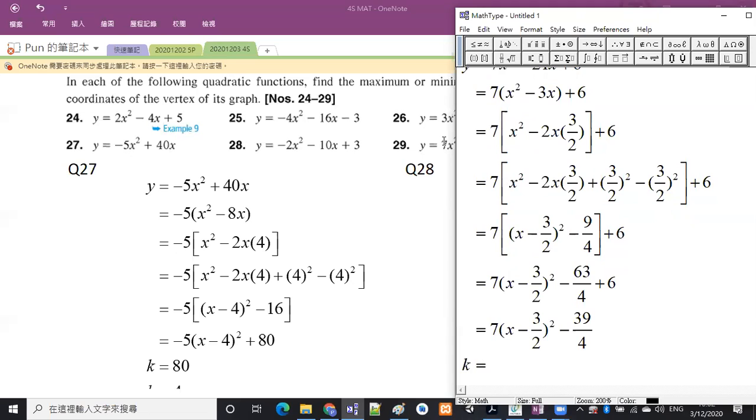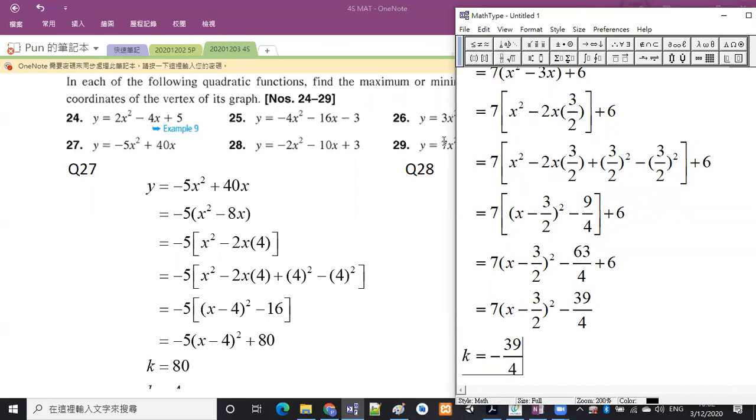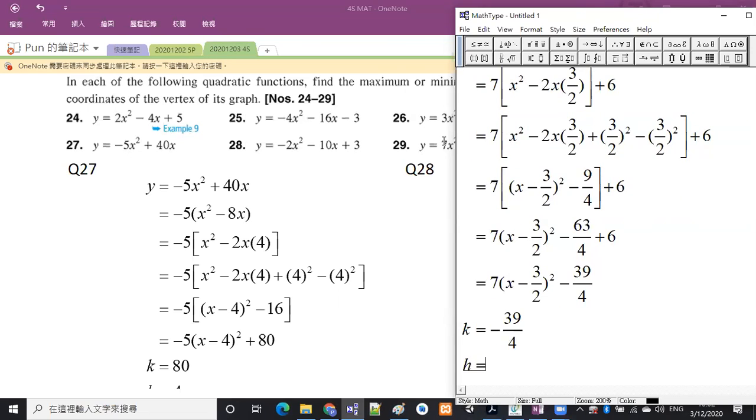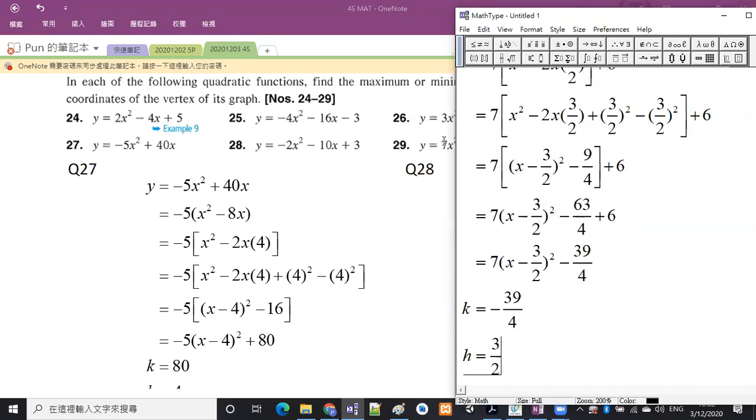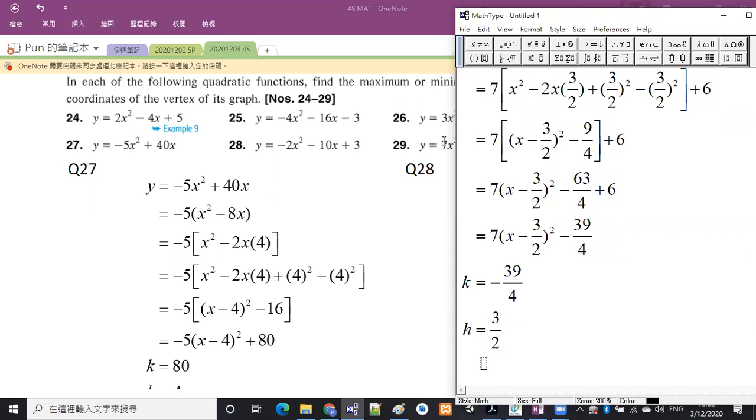And then we can write down the k value and the h value easily. Okay? And then at this time, the a is equal to 7, which is a positive number. So the graph opens upwards and we have a minimum point only.